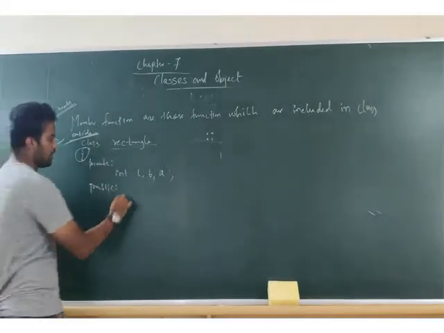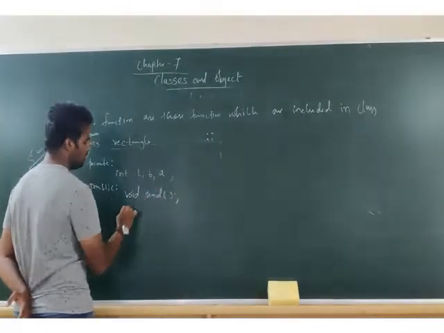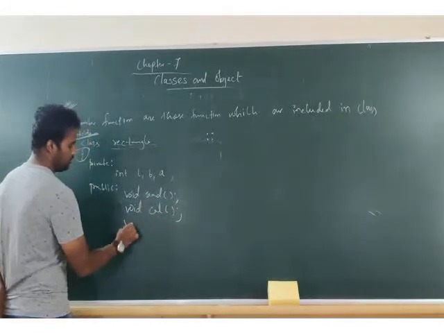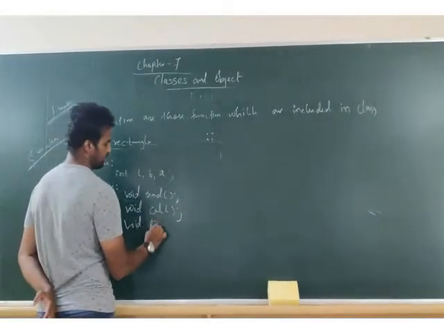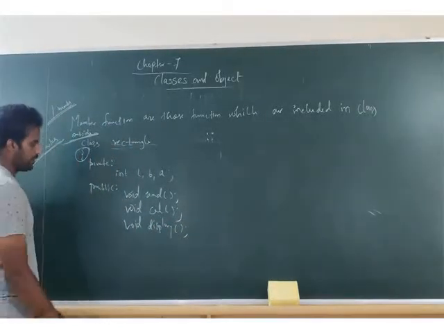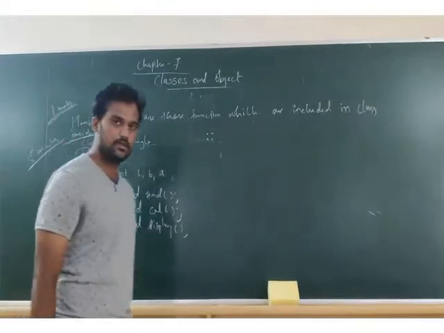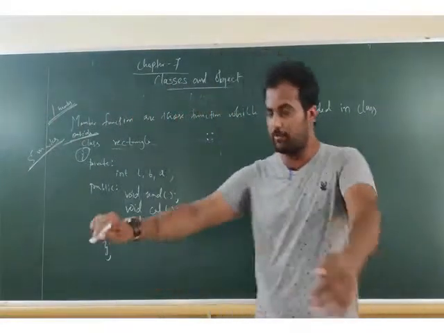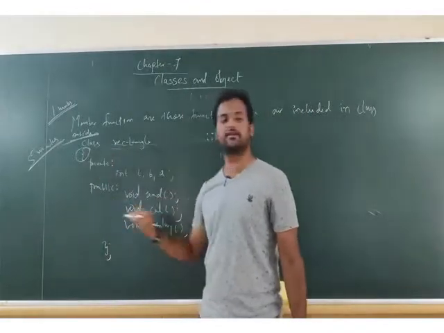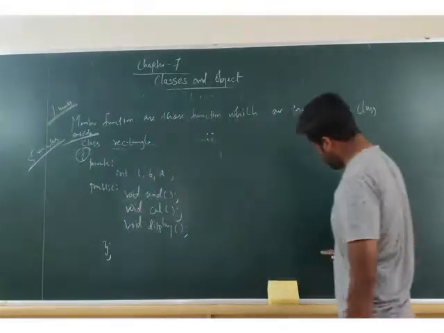Three functions we have to write: void read, void calculate, void display. Now close the class. Finish. This is outside the class. What now am I going to write? Open here, close here. Last time, inside the class, we opened here and closed here.